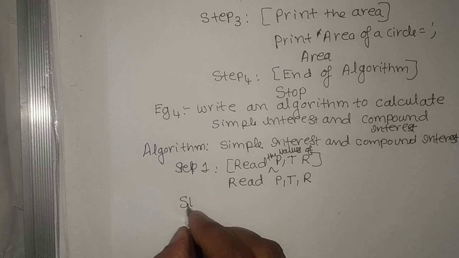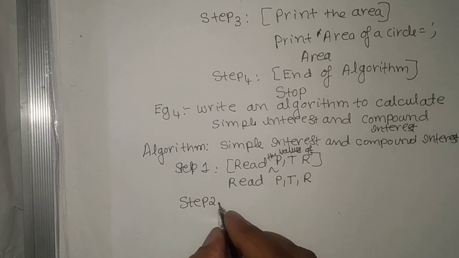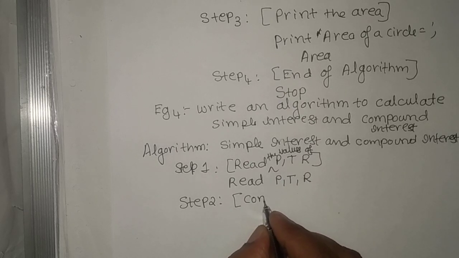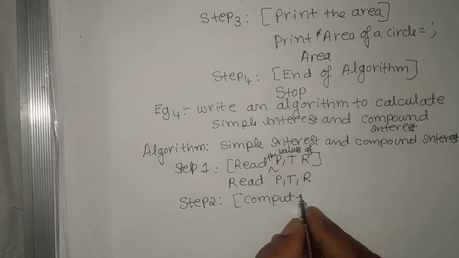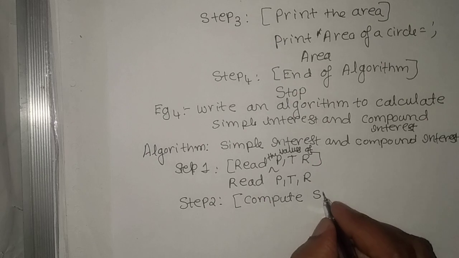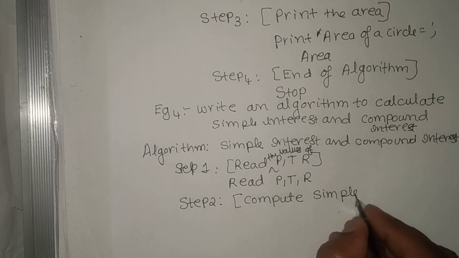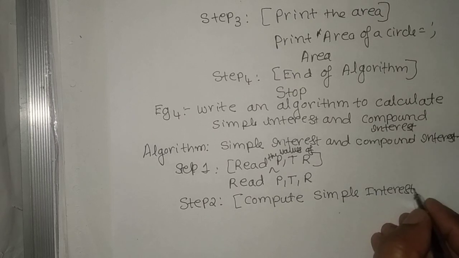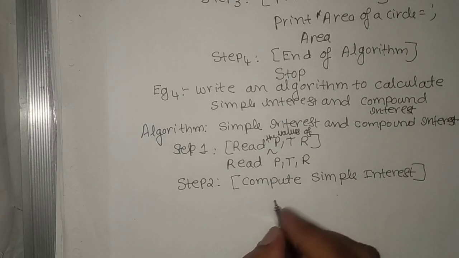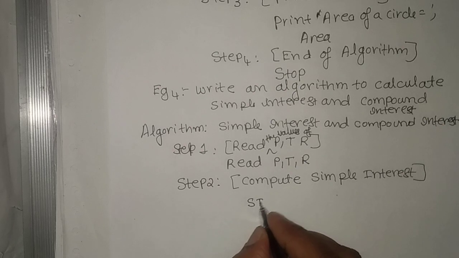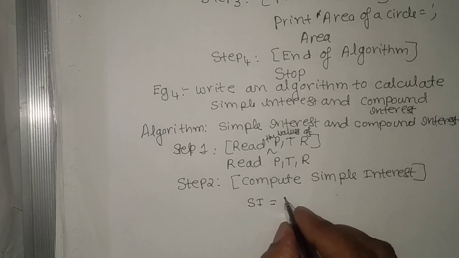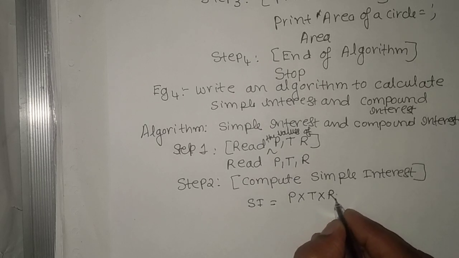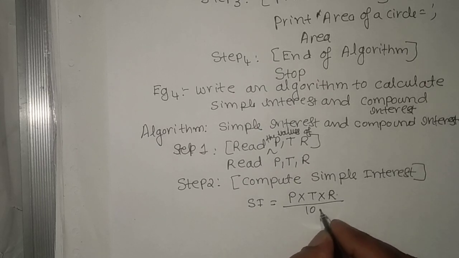Next step is step 2, compute simple interest. Compute simple interest. Therefore SI is equal to P into T into R by 100.